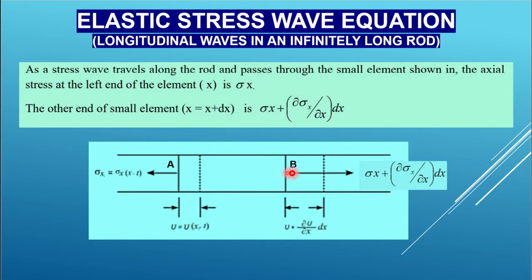This is A and this is B. A is displaced by this particular distance, which is called u, and B is displaced by u plus dou u by dou x into dx.